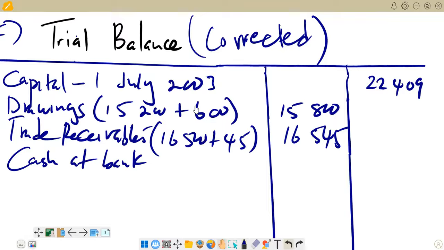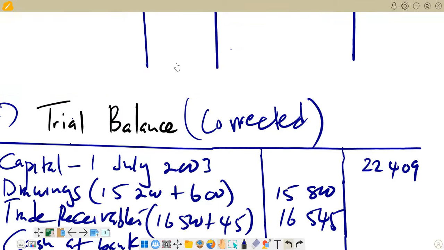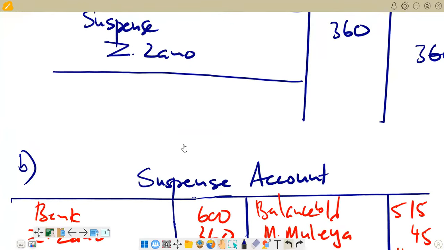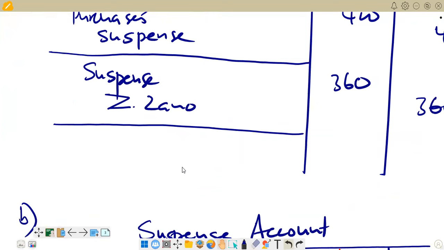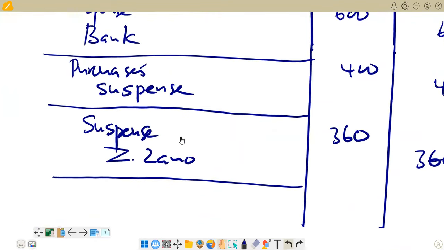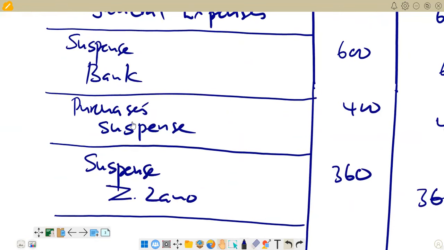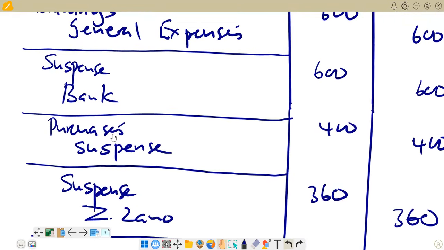For cash at bank, we check on the journal entries if we've got any entry that we corrected using bank. You see that we have that one here, whereby we credited the bank. Bank is a normal debit balance, and here it's being credited, so it's a minus. So we are going to subtract 600 from the 7,474 for cash at bank.